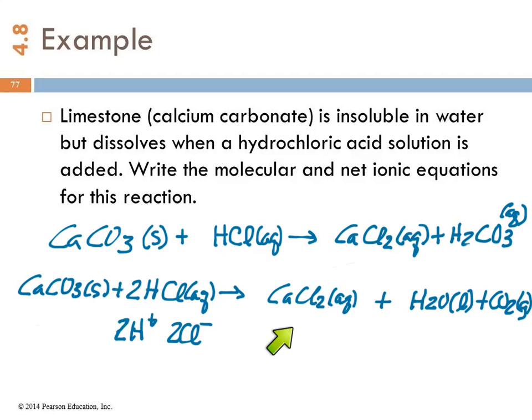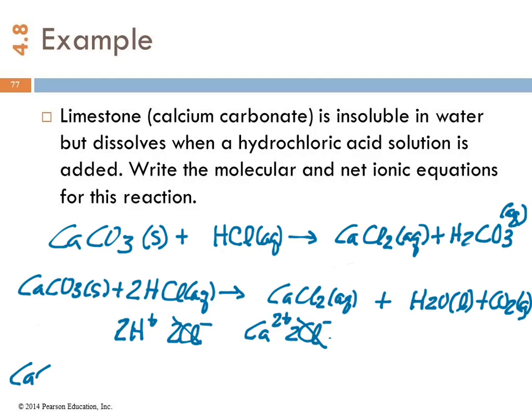This is a soluble ionic compound, and so we would separate that into ions. 2 of those. They've got a liquid and a gas. Those are not going to get separated. These are the only ions. We have 2 chlorides on that side and 2 chlorides on that side. And so those are the spectators, but everybody else is part of the net ionic equation.